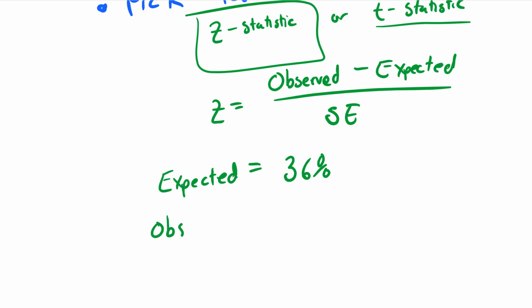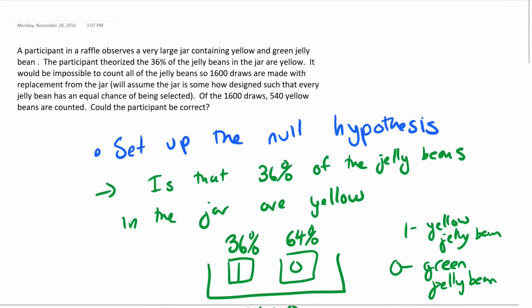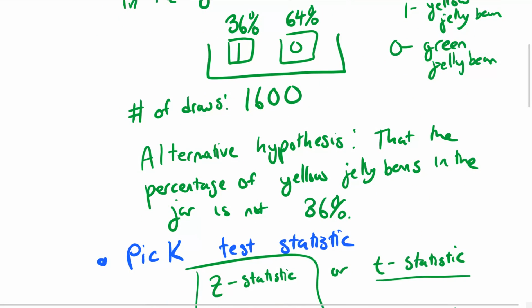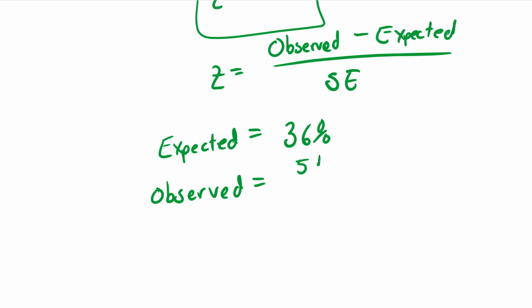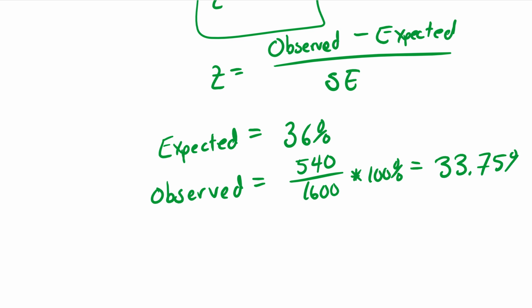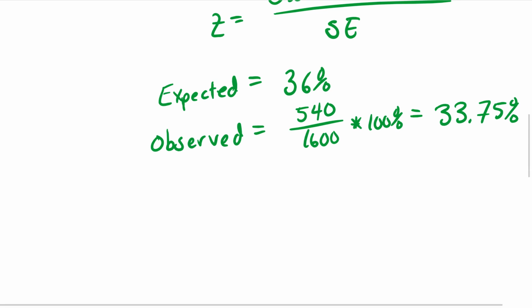The observed value is what we actually got, what was actually in our sample. So I go back up to the problem, and it said of the 1,600 draws, 540 were yellow. So we take the 540, divide by 1,600, and multiply by 100%. And you can check this, but we should get that the observed value is 33.75%. If you find that is not correct, please let me know.